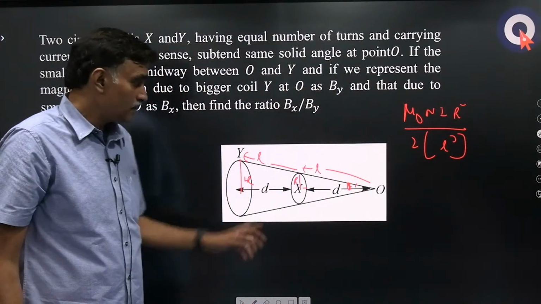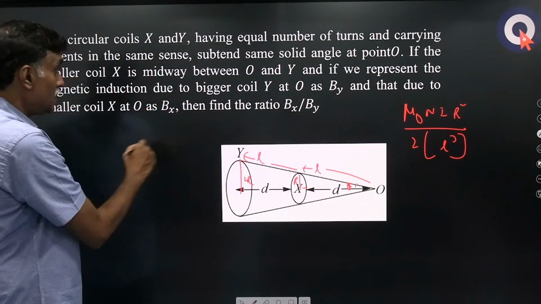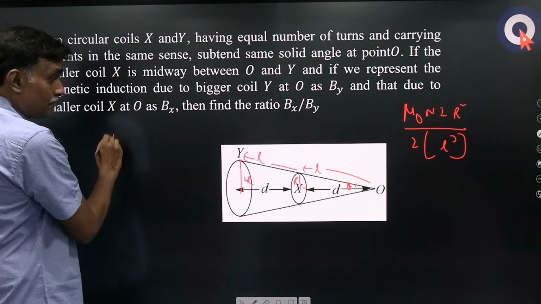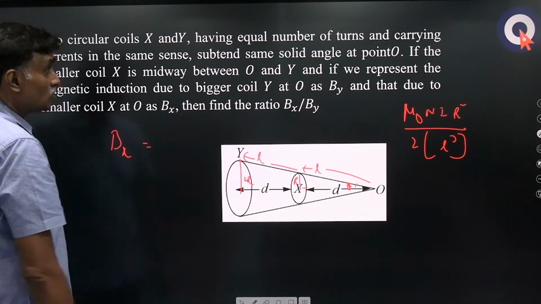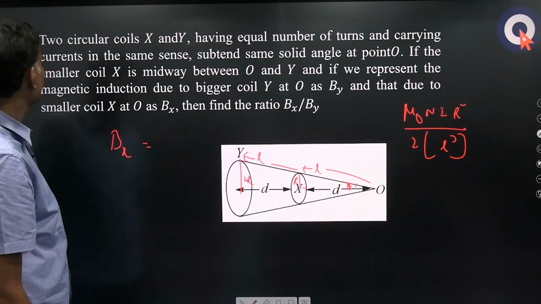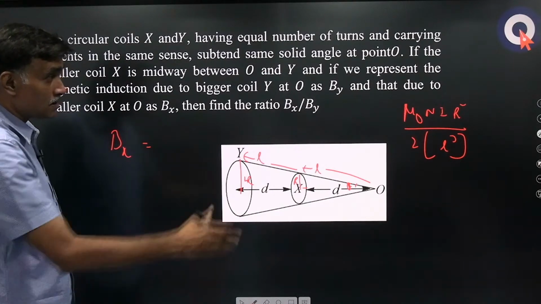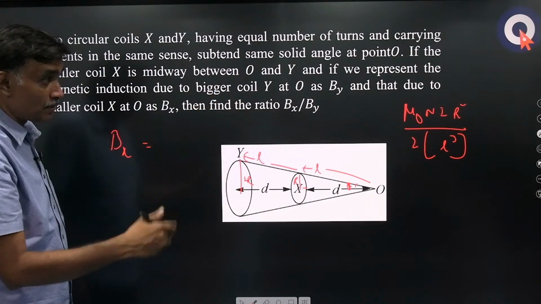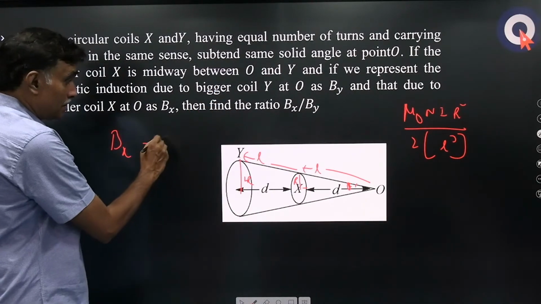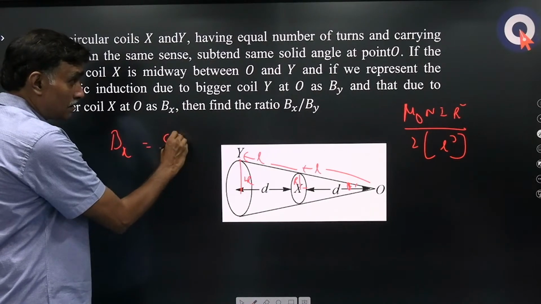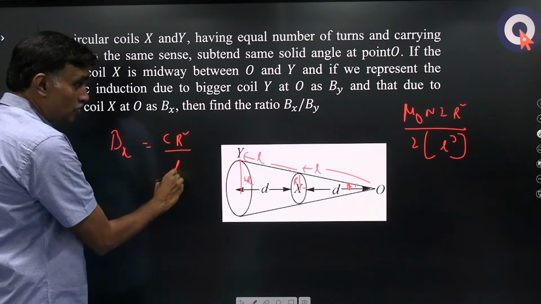That's what I will get for this distance. So what is Bx? Because both of them are carrying the same current and have an equal number of turns, so N and i will cancel anyhow, all of them are constants. So what do you get? C into R square by L cube I will get.